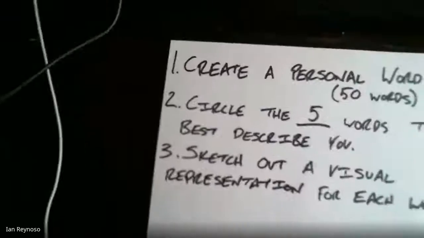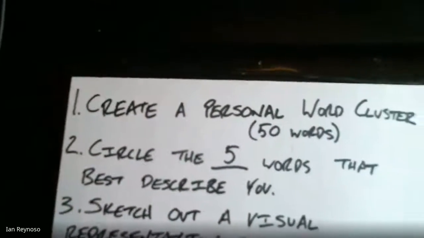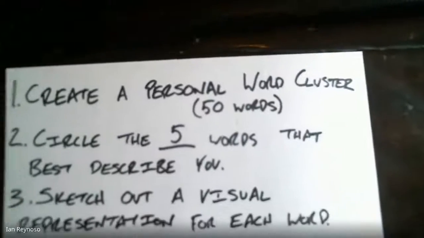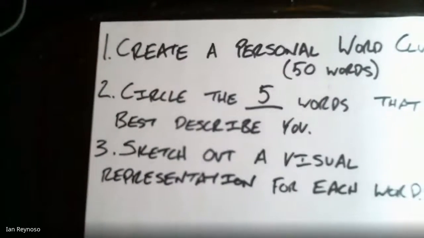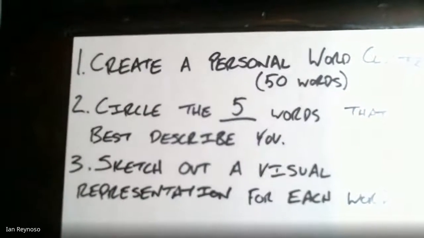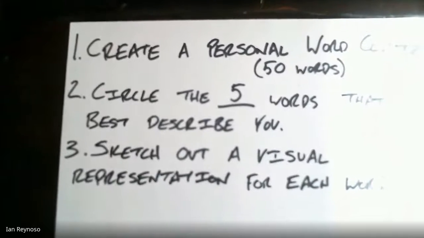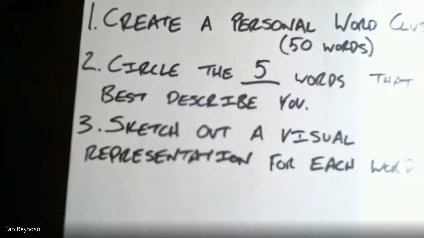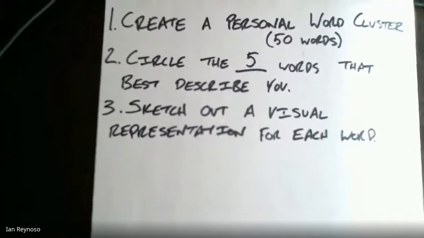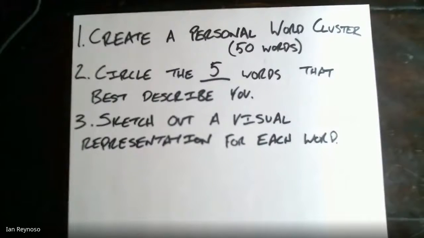Okay, so again, create a personal word cluster, 50 words. Circle the 5 words that you feel best describe you. And then number 3, sketch out a visual representation for each word.